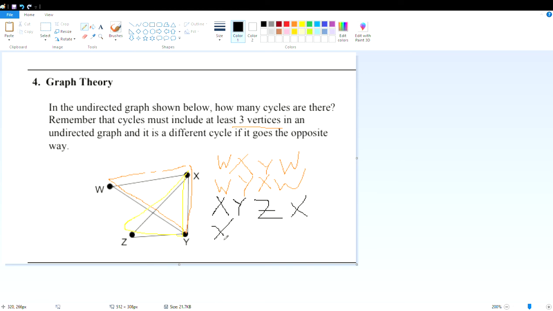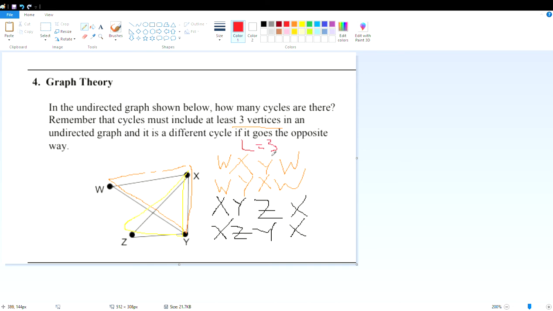We have X, Z, Y, and X. Okay, so we have those 2. So we have right now a total of 4 with a length of 3.